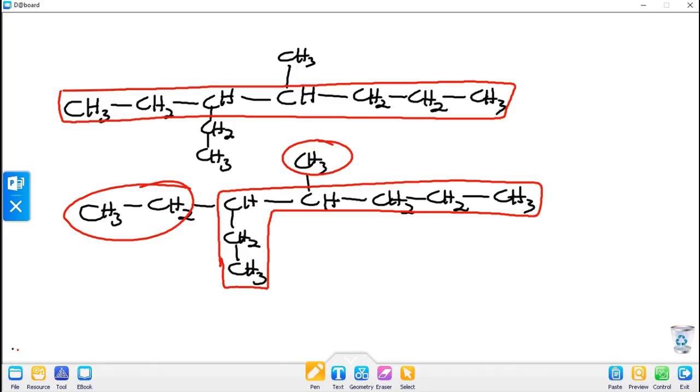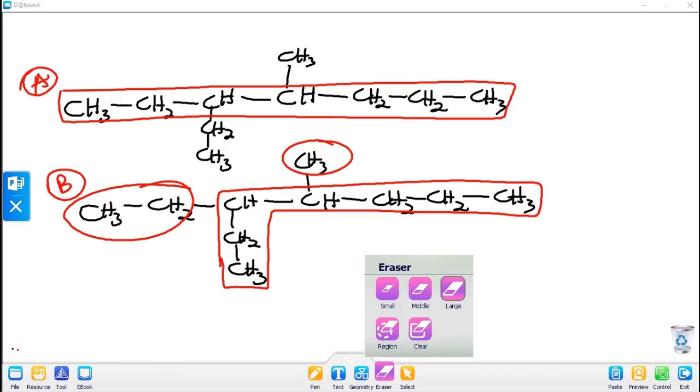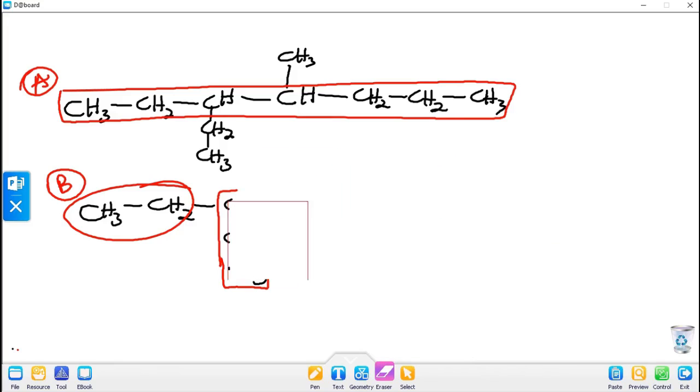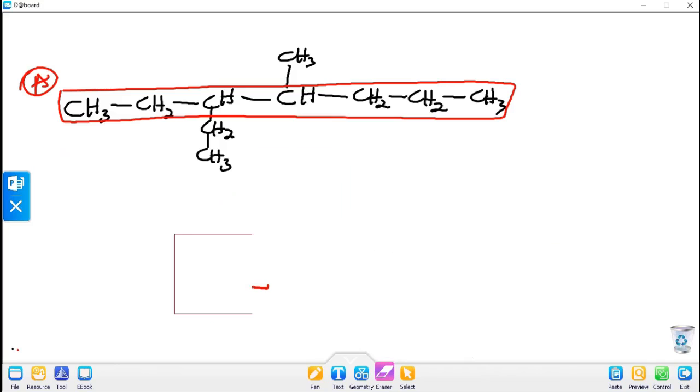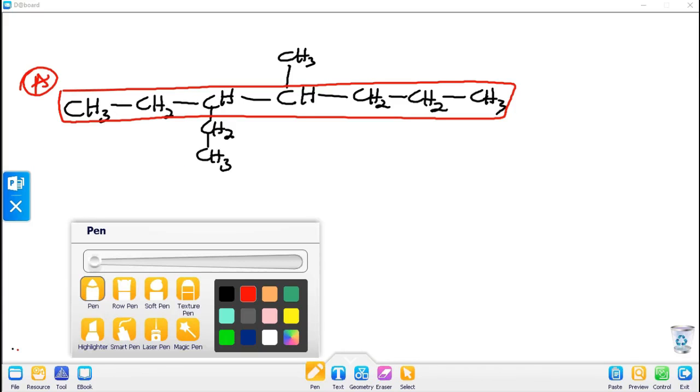So, I just want to make it clear that if this is student A and this is student B who chooses to go the other way by taking his parent chain in the form of an L shape, it doesn't make student B wrong. He or she is also going to get the same answer as student A. But what we're saying is a rule is already on ground which says in such cases as this, simply go with the straight chain just to make things easy for you. So let us stick with the rule and also stick with student A who chooses to go straight.